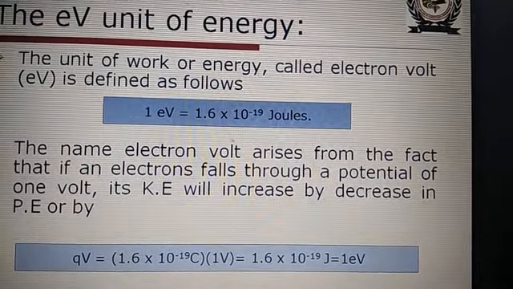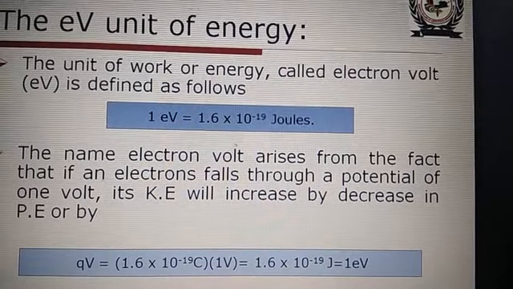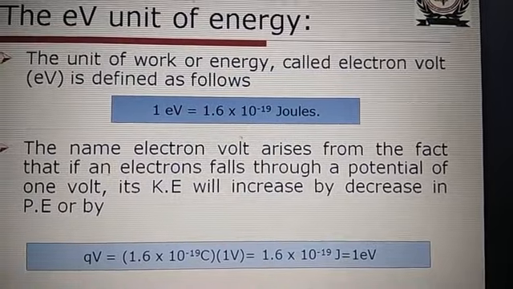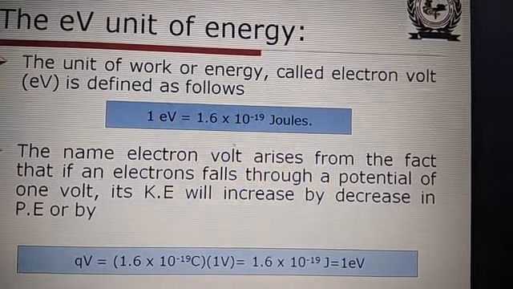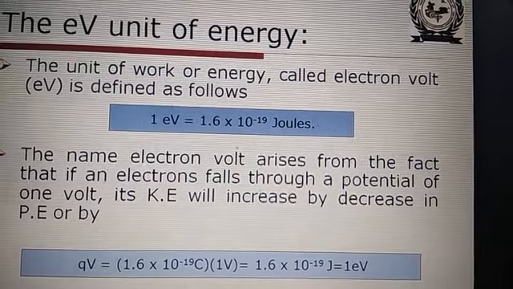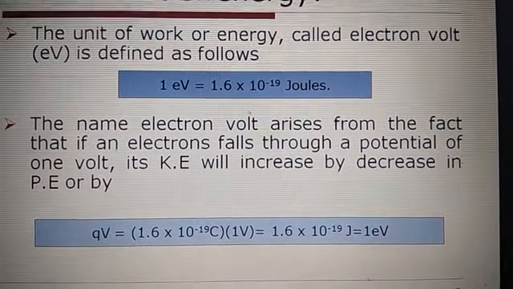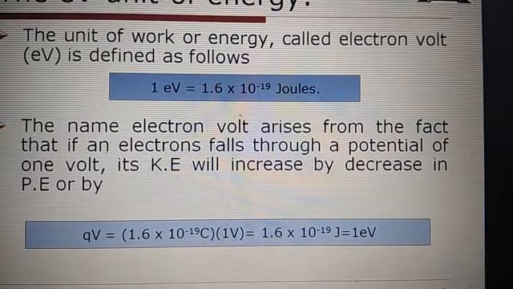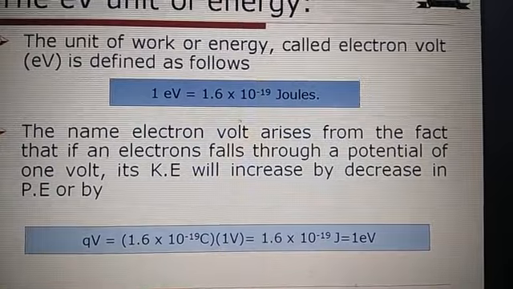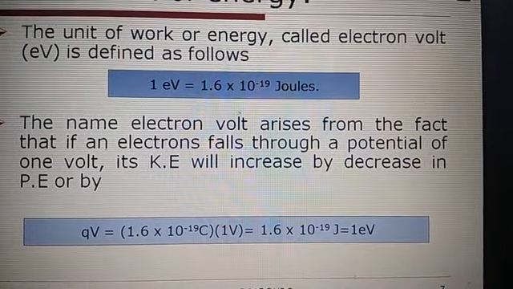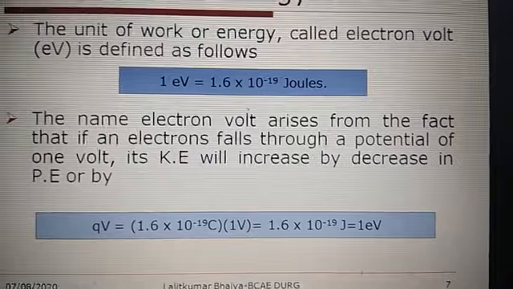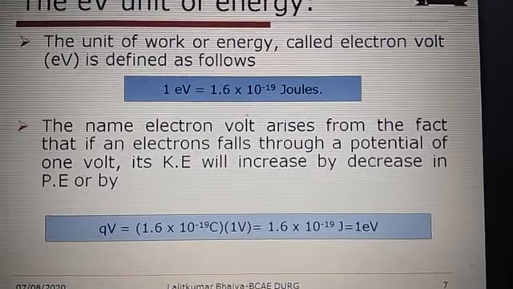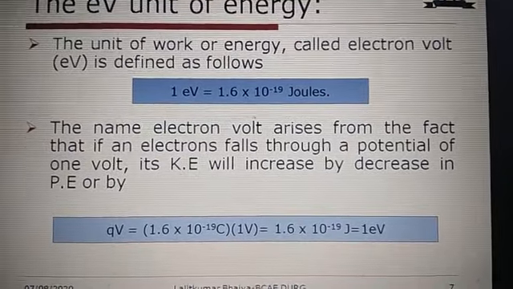The name electron volt arises from the fact that if an electron falls through a potential of 1 volt, its kinetic energy will increase by the decrease in potential energy, that is QV, equal to 1.6 into 10 raised to minus 19 coulomb into 1 volt. That is the charge on the electron. 1.6 into 10 raised to minus 19 J is 1 electron volt.